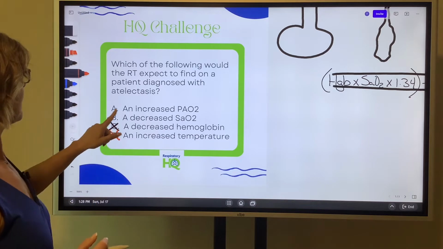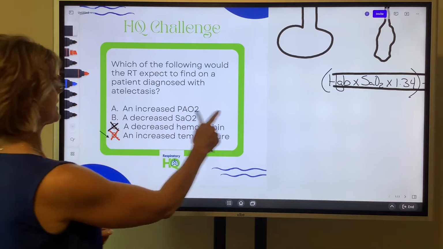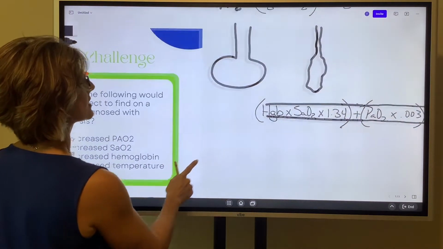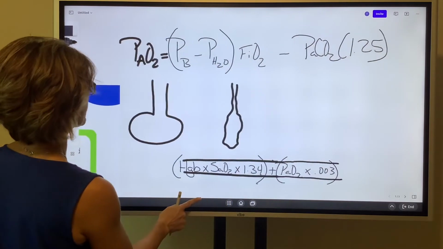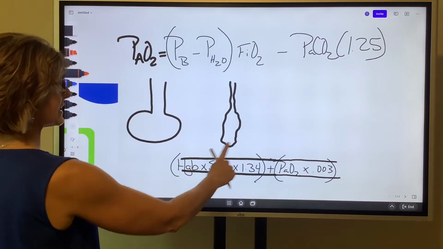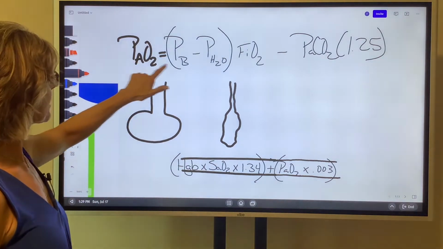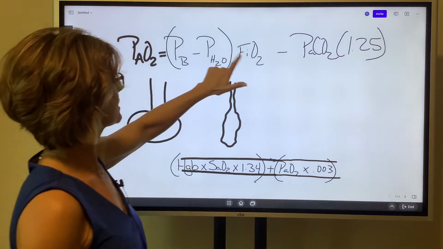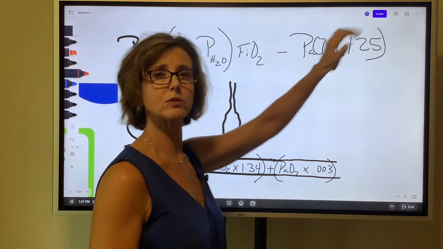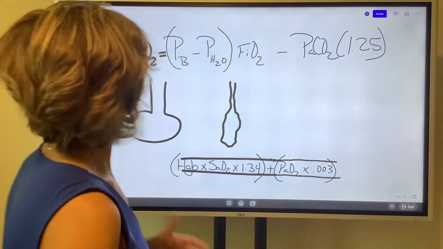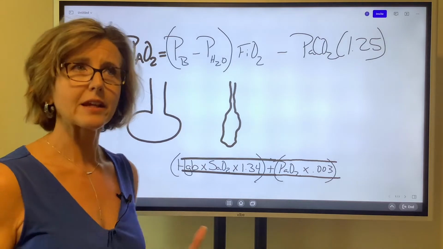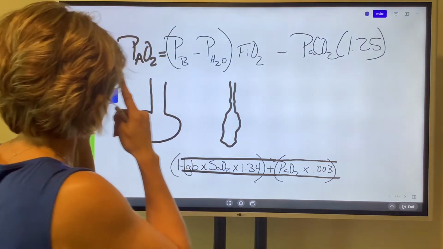All right, so let's deal with an increase in the alveolar oxygen content. Let's make sure we know the formula. Again, we're dealing with an atelectatic region of the lung. Here's the alveolar air equation: barometric pressure minus water vapor pressure times the FiO2 minus the CO2 times 1.25. Now, this is where math comes in handy, or at least understanding the formula.